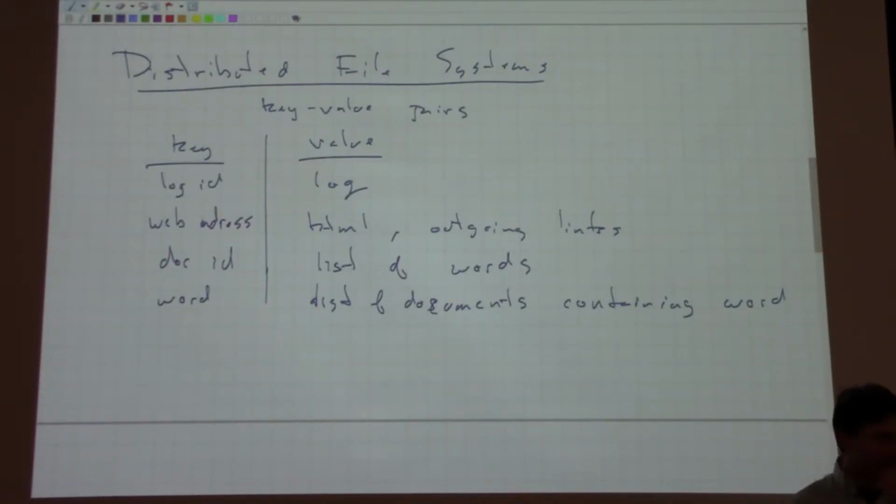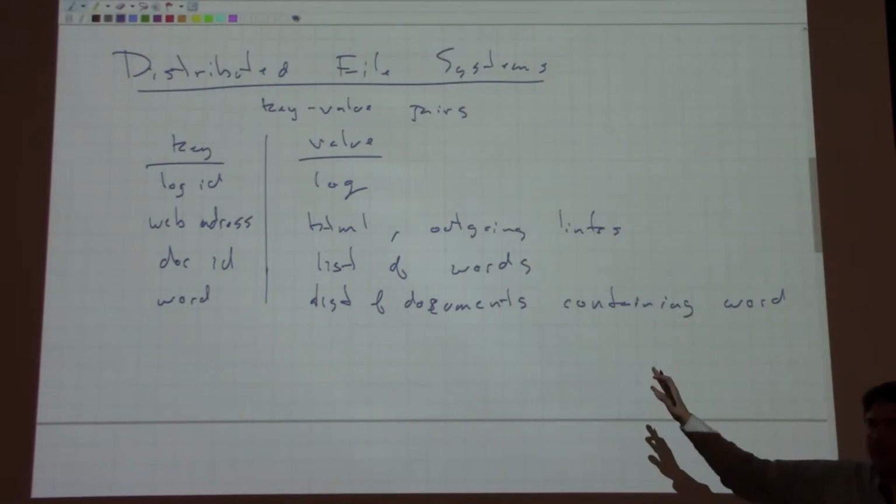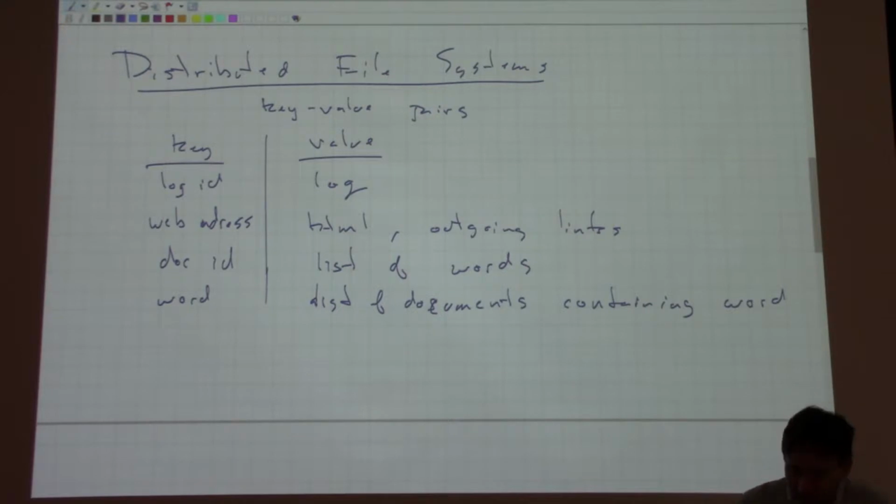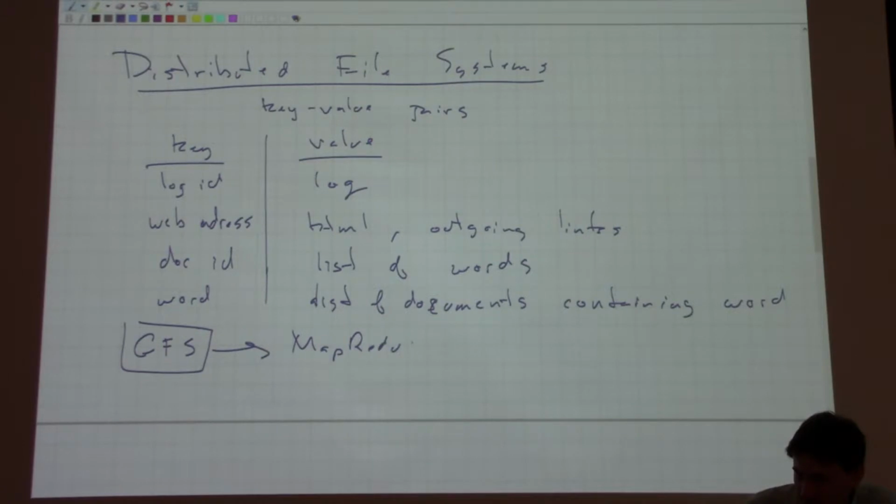Okay, and so I'll talk a little bit about how this is stored in a second, but there's some kind of evolution here. There's some stuff that came before this, but what we'll talk about is the Google file system, and then sitting on top of this was MapReduce, and this was inside of Google.